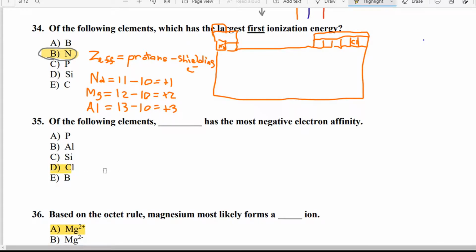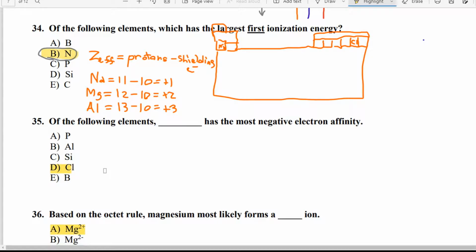Electron affinity is defined as the amount of energy released when 1 mole of isolated gaseous atoms accepts 1 mole of electrons to form a negatively charged gaseous ion.